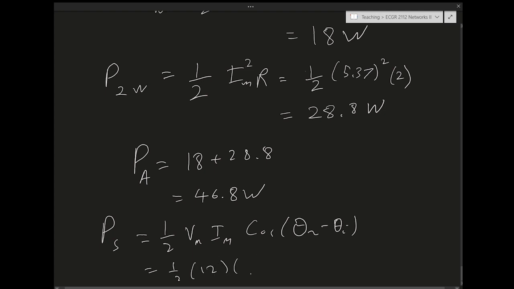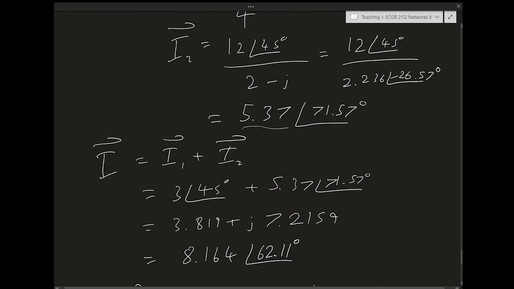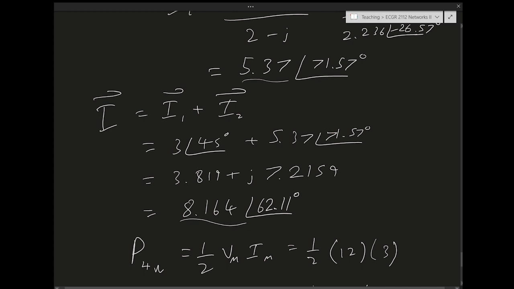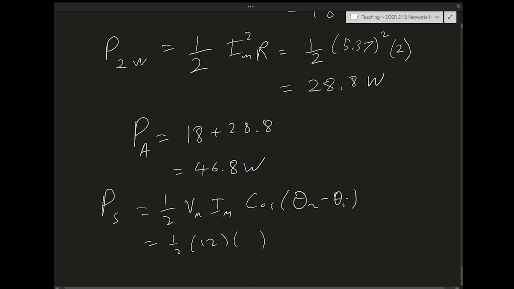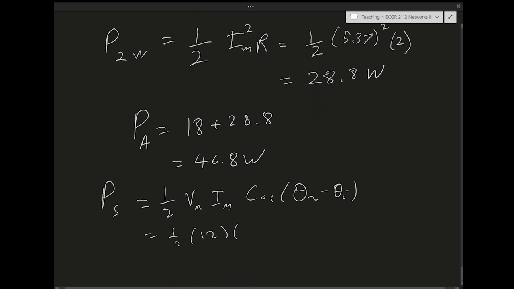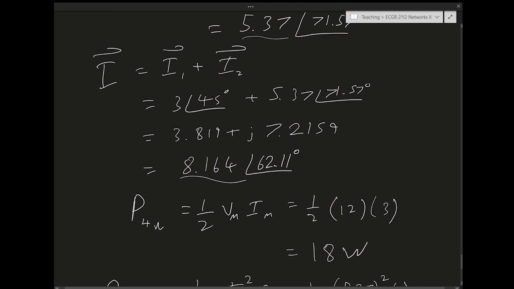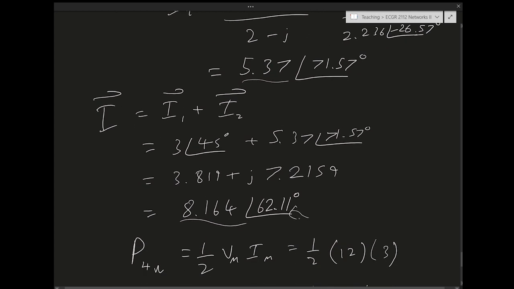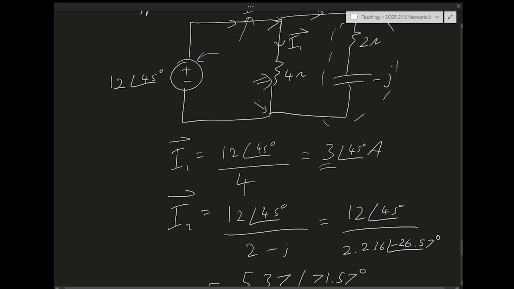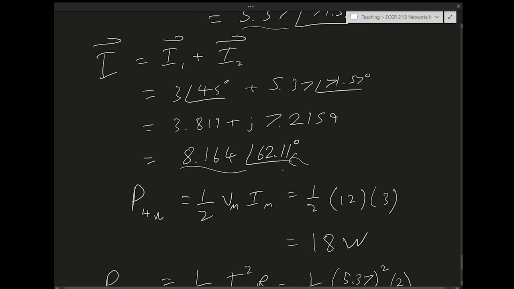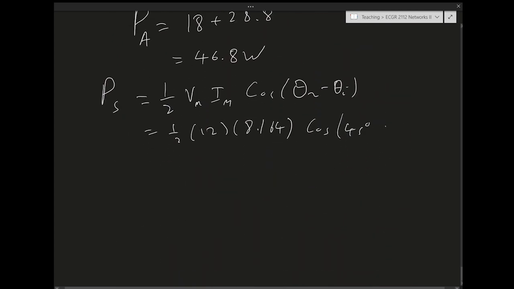Im is going to be the total current I, its magnitude, which is 8.164. And then theta V is 45 degrees, and theta I is 62.11, right? So 45 minus 62.11 degrees. When I do the calculation, I end up with 46.8 watts.